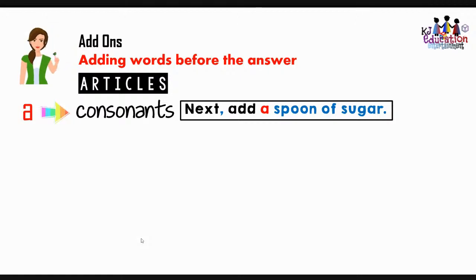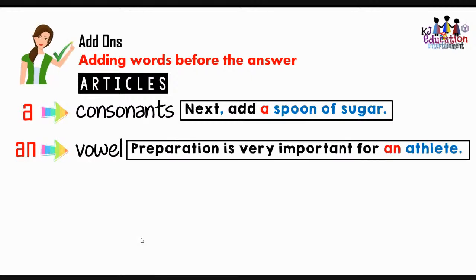The next one, an. We have this for vowels. For example, preparation is very important for an athlete. If you look at the article an over there, it is used to refer to the word athlete because it begins with a vowel.